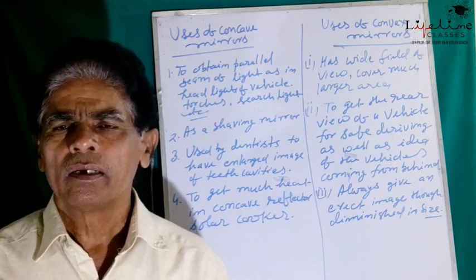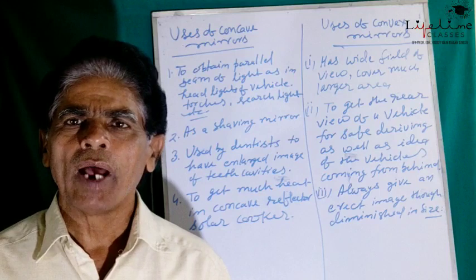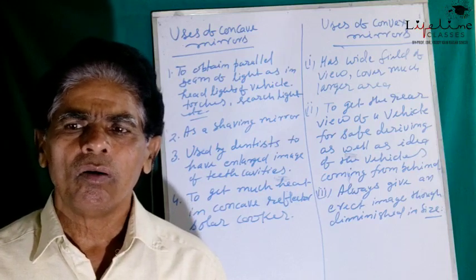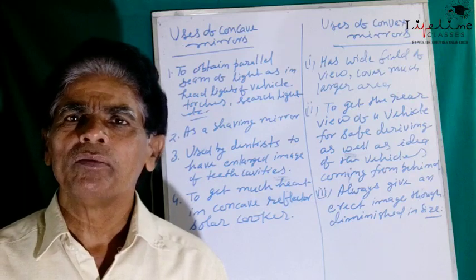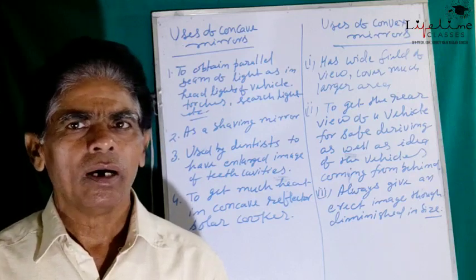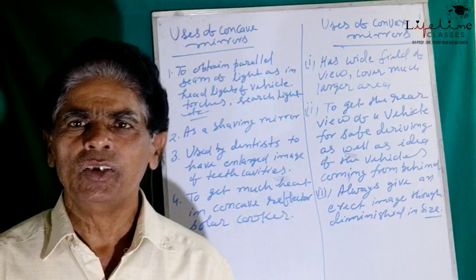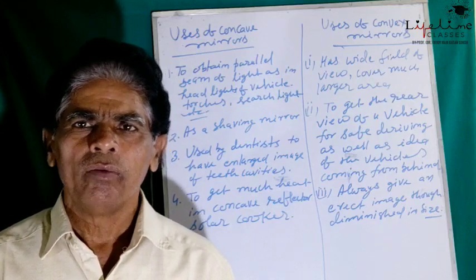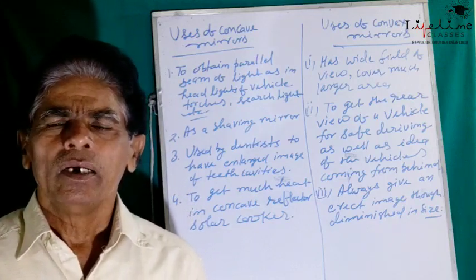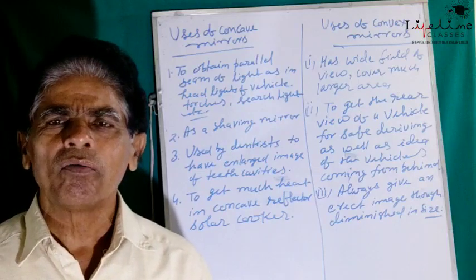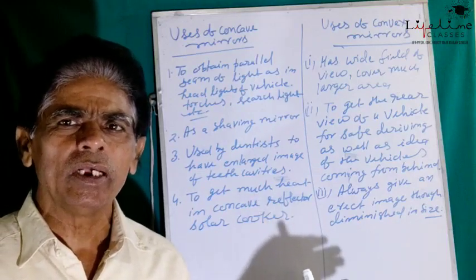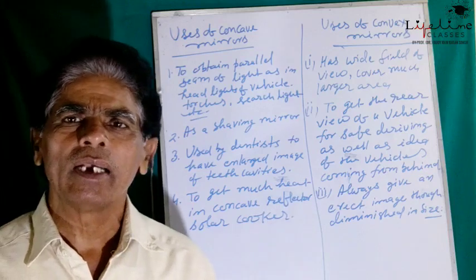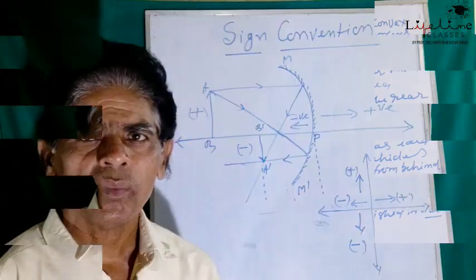That is why convex mirror is used to have a larger area under the mirror, so that we can locate the things behind it easily. So these are the different properties, or you may say uses, of the convex and concave mirrors. That's all.